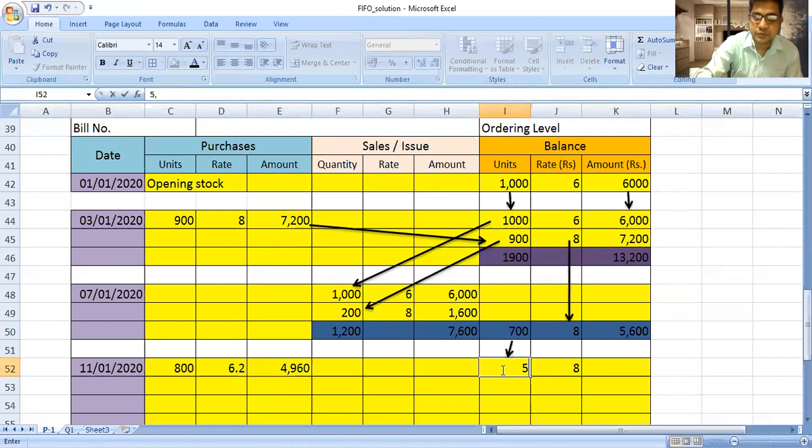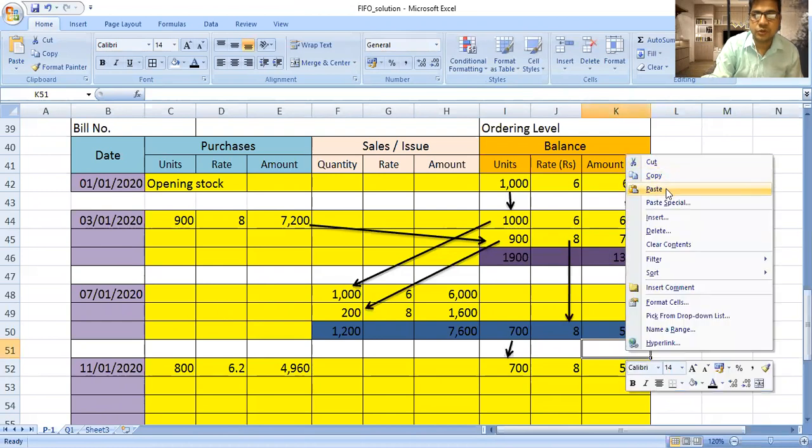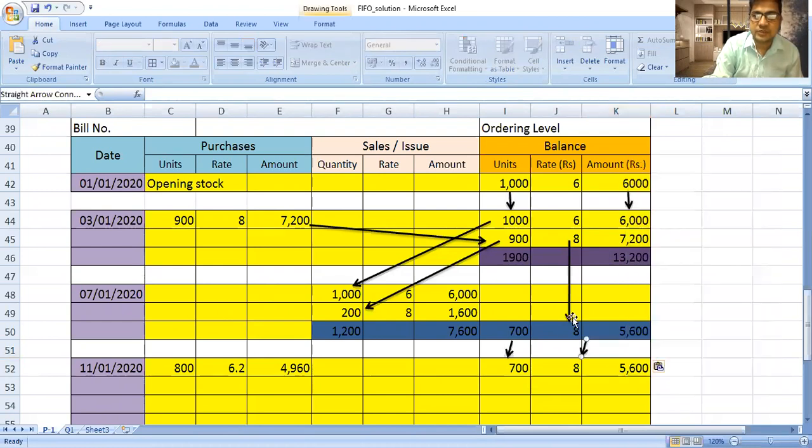700 units, value 5600. We have to continue these values as they are, because these are closing stock, they were not sold. New purchase is 800 units and their value is 4960.